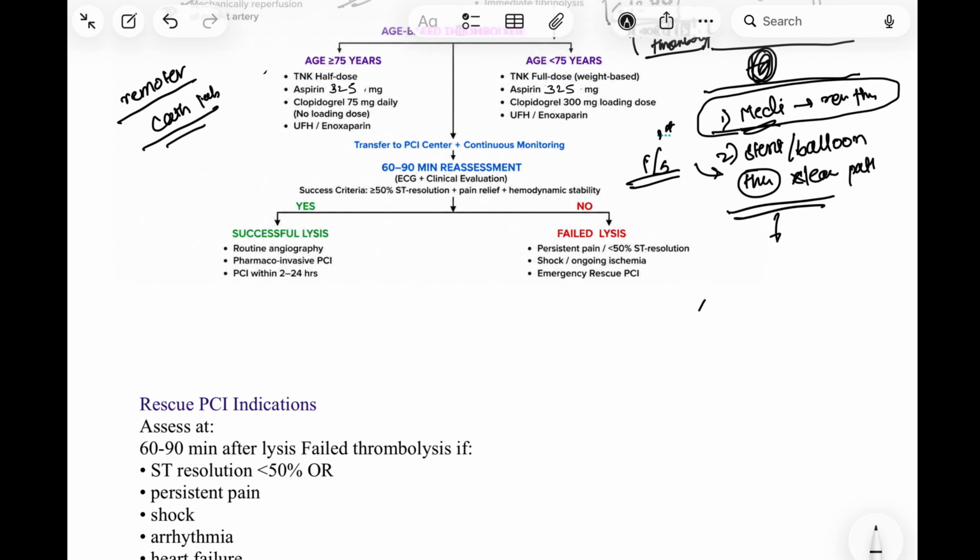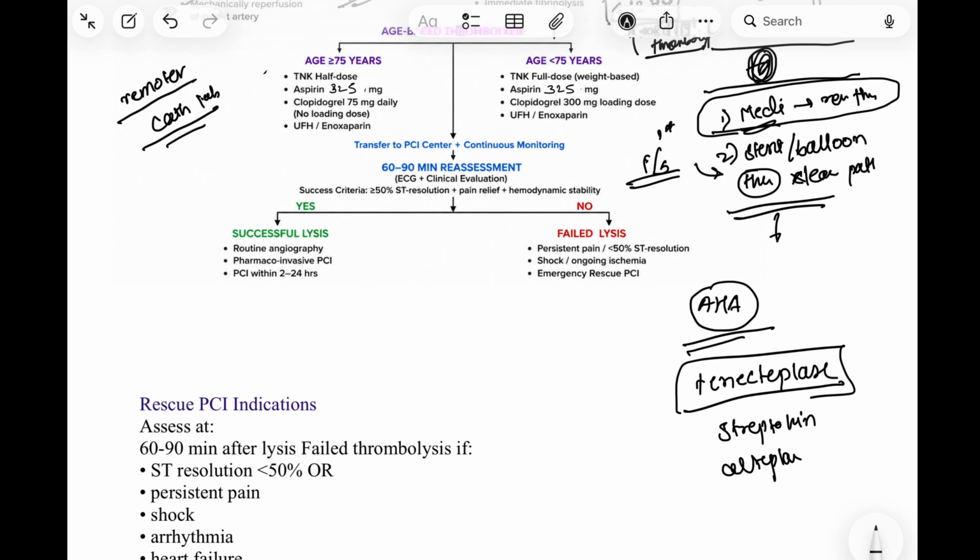So what are the agents that we can use for thrombolysis? AHA has defined that tenecteplase is superior to other agents like streptokinase and alteplase. So tenecteplase is much more efficient in thrombolysing the patient.